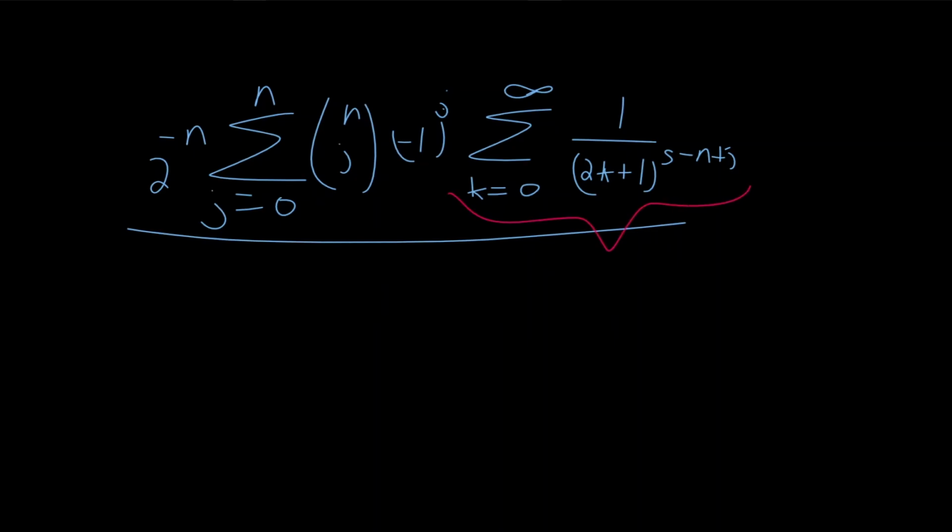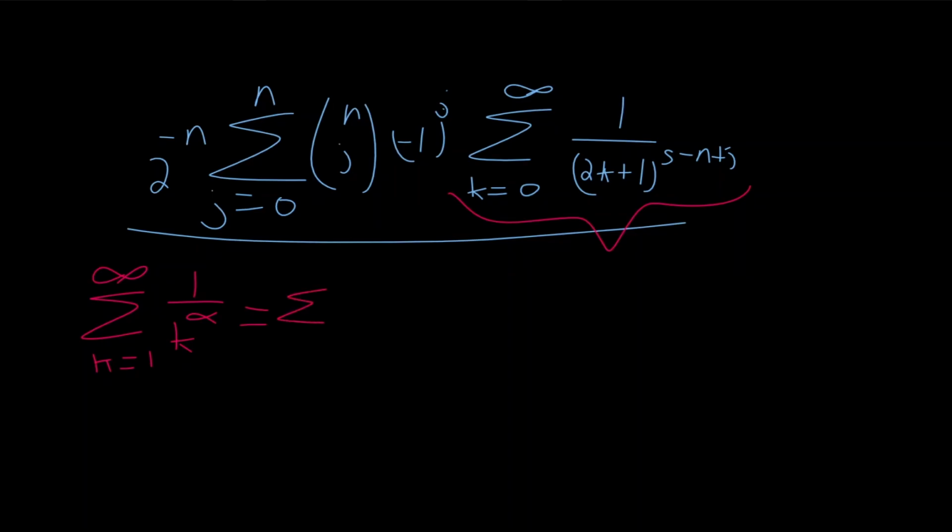But this isn't an awful expression to evaluate, because, as just a side note, say we have the sum from k equals 1 to infinity of 1 over k to some alpha. That right there we can split up into the sum of all even k and the sum of all odd k.